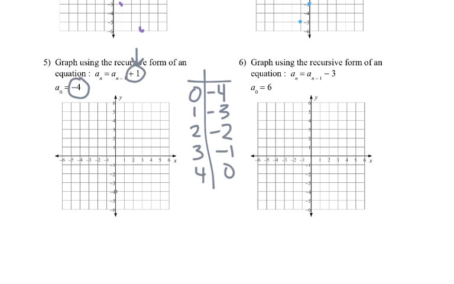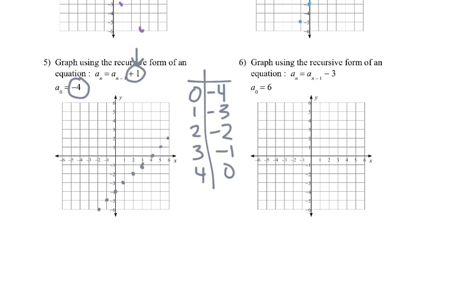My starting point or y-intercept right there. Then 1, negative 3, 2, negative 2, 3, negative 1, and 4, 0, my x-intercept. And I could either draw the line or just leave it as the dots. And I could continue them even off the table if I wanted to. And knowing that the pattern goes like this, I could also fill in behind if I really wanted to.